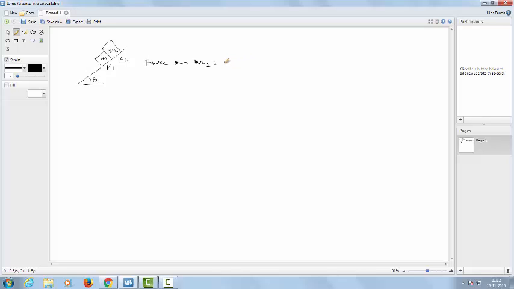So that is m2 g sine theta. The second force is the force due to friction, which will be opposing the motion of the block m2, and that is equal to the coefficient of friction multiplied by the normal reaction, which is m2 g cosine theta.